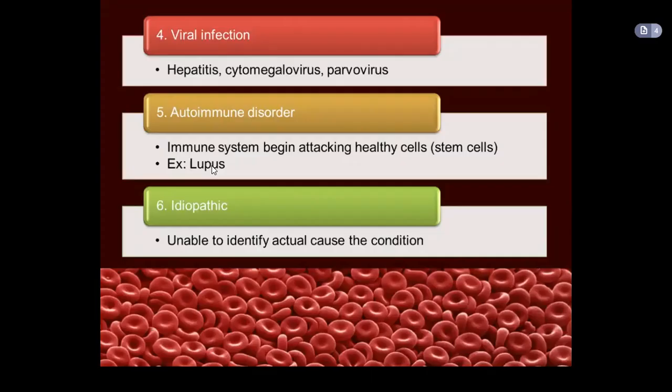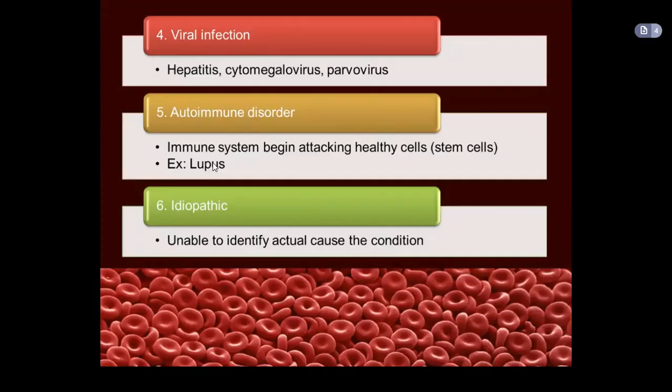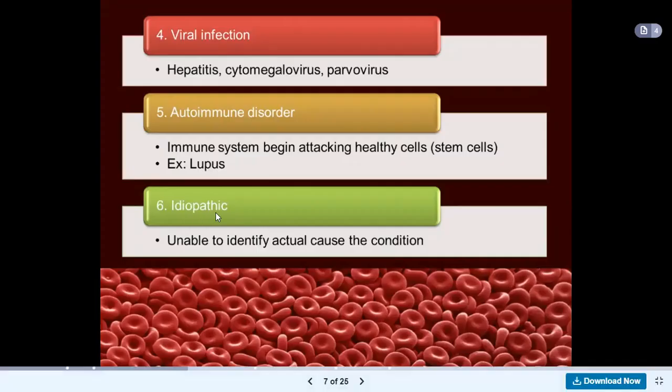That will lead to aplastic anemia. When that happens, the patient is not only suffering from systemic lupus, but also from aplastic anemia. Okay, idiopathic: idiopathic means we don't know the exact cause.